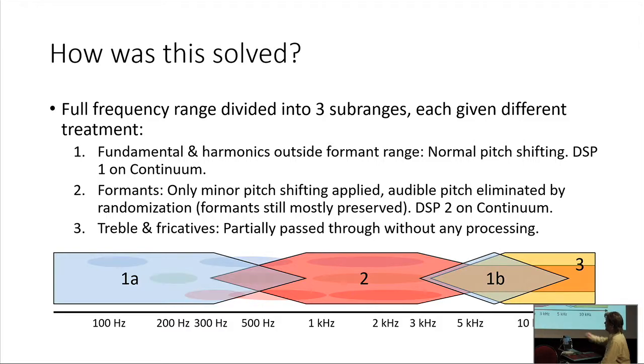And your fundamental is in region 1A. You can see I've overlaid it on this diagram of fundamentals and formants. Region number 2 is the most tricky, and it has to mix well into the upper regions. That's why this is looking a little bit complex.